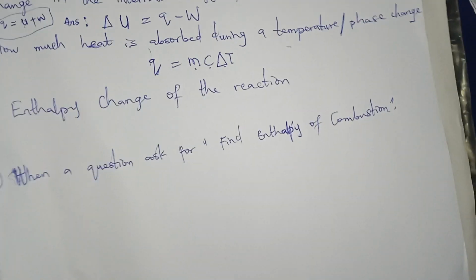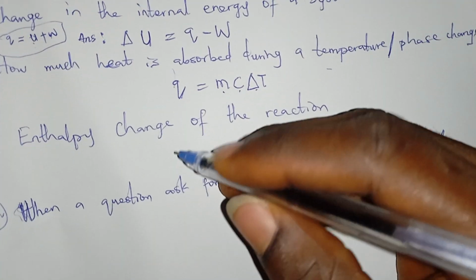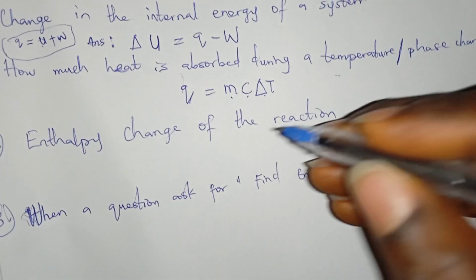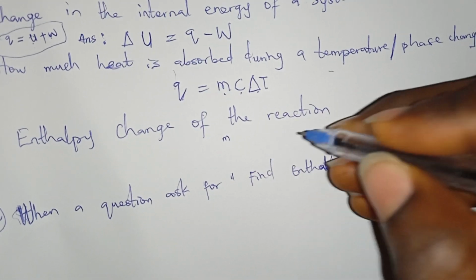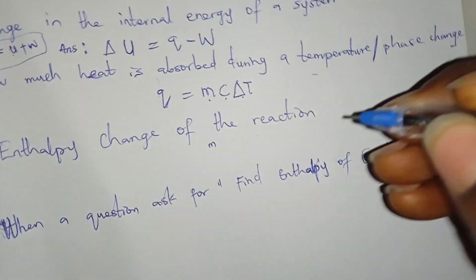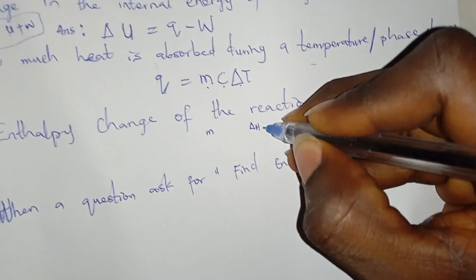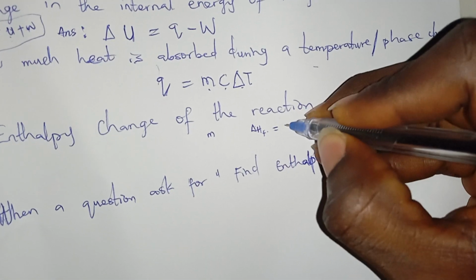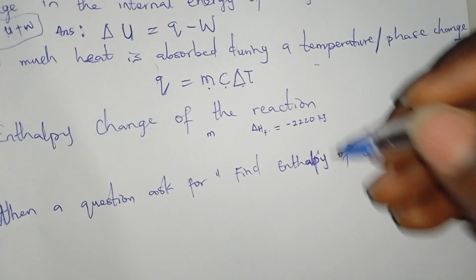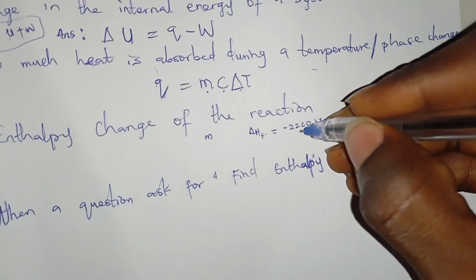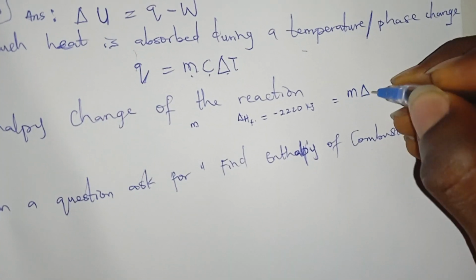Now, enthalpy change of the reaction. If the question asks you for enthalpy change of reaction, it depends on what you are given. If you are given mass, and the question provides heat of reaction, maybe minus 2220 kilojoules per mole, whatever it is, the formula to use is mass times change in heat.